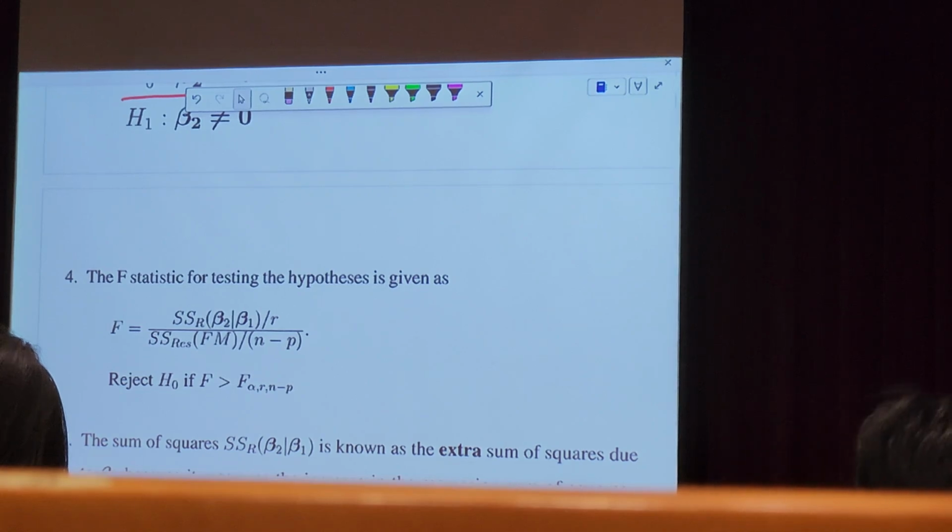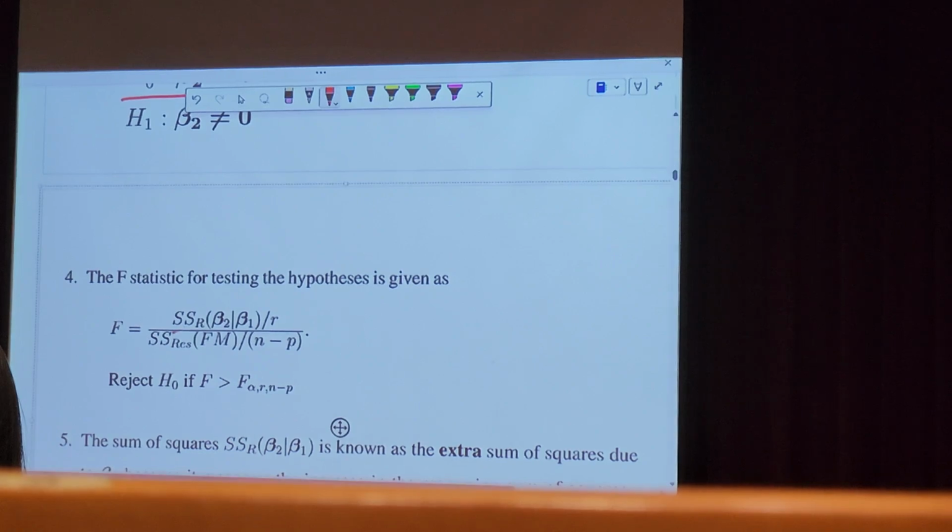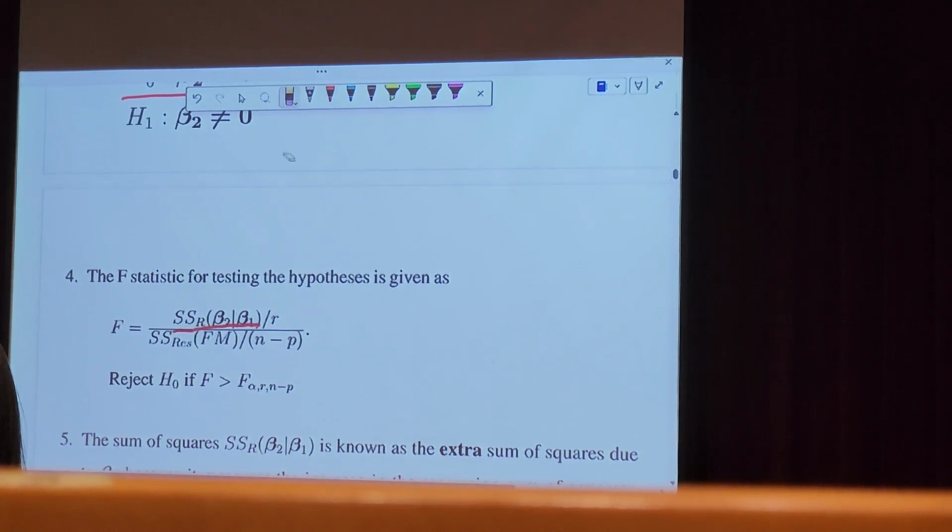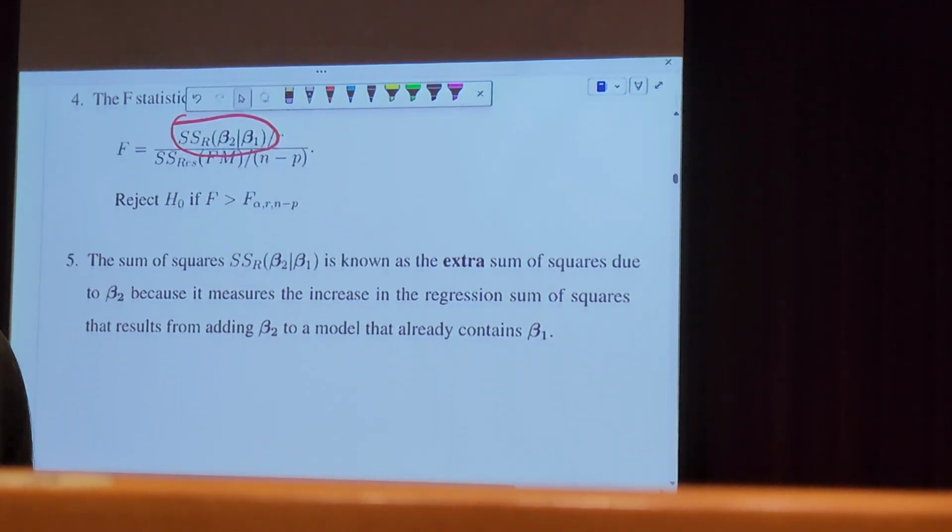The denominator is always the residual mean square, but the numerator is SSR beta 2 given beta 1. So what is this quantity here? Well, this quantity is the extra sum of square due to the introduction of beta 2.